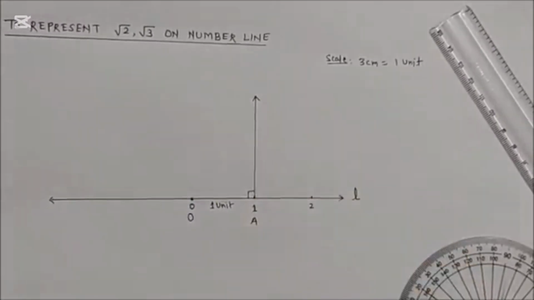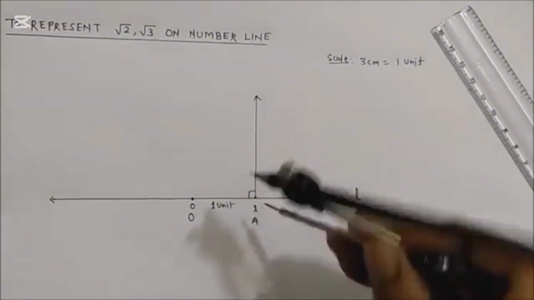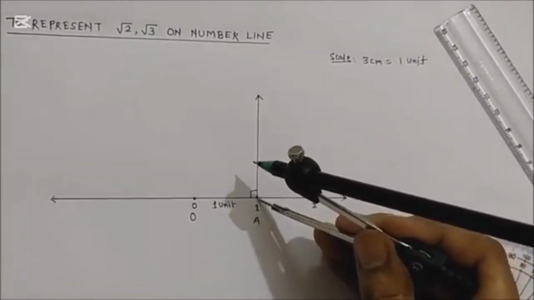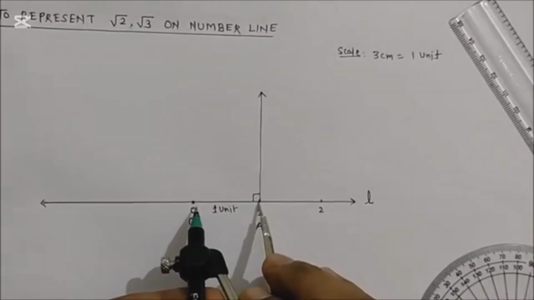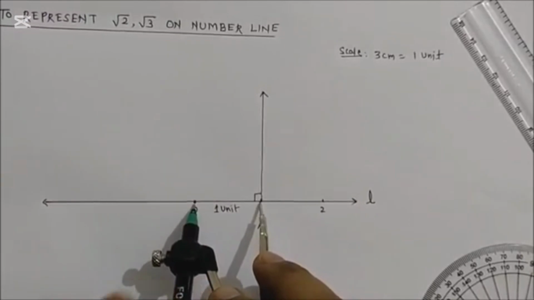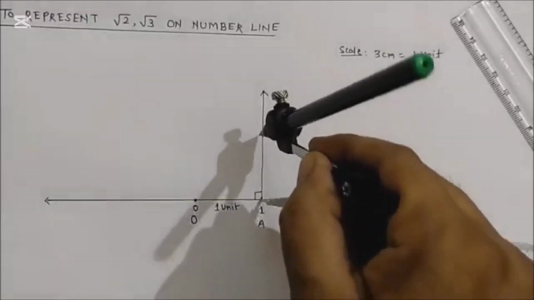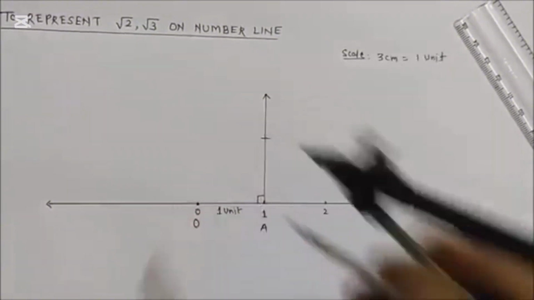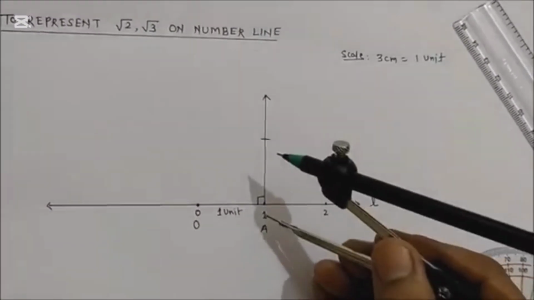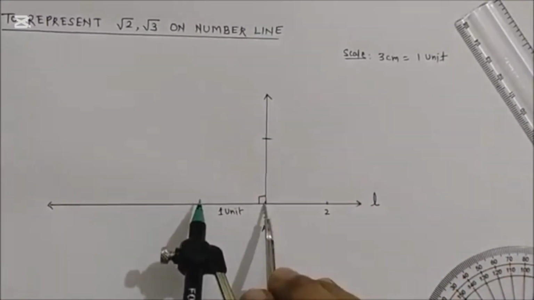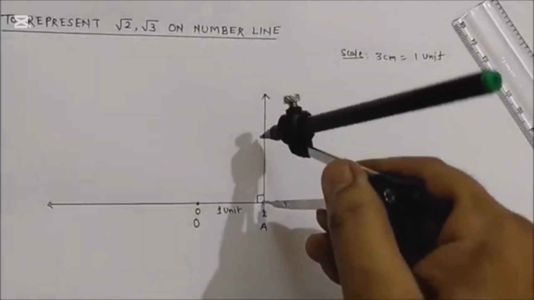Keep the compass on point A, take the distance of 1 unit, which is 3 centimeter, and cut an arc here.